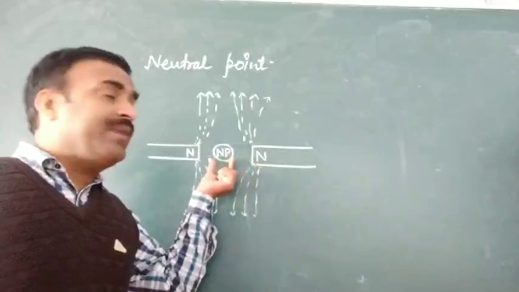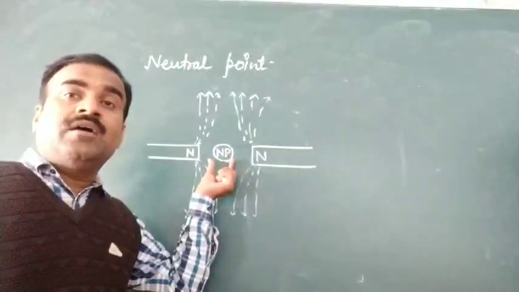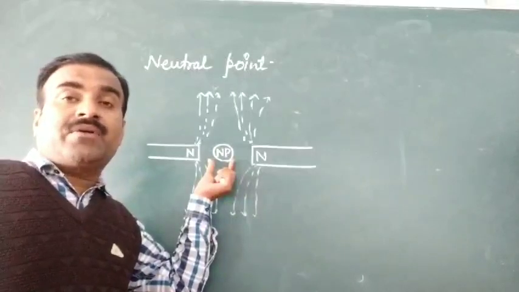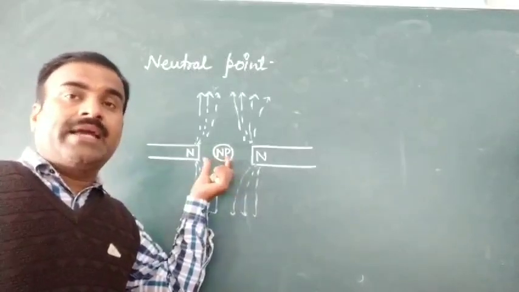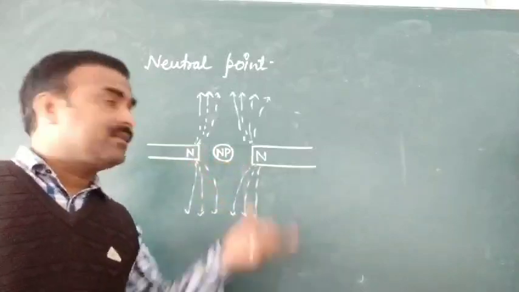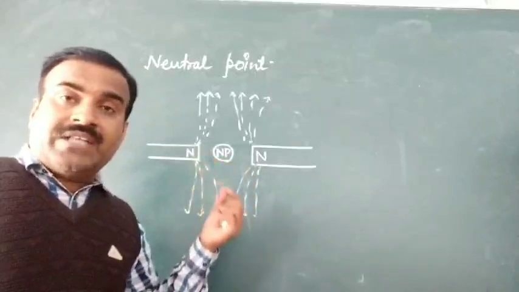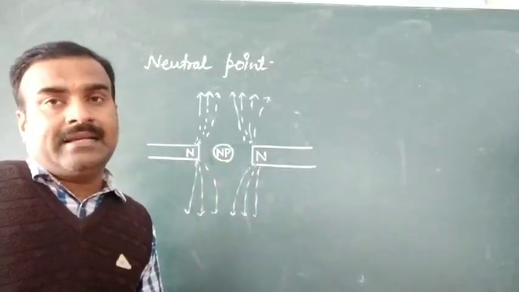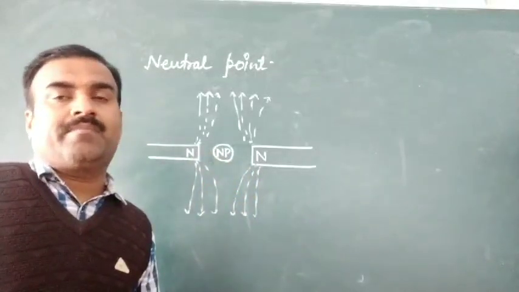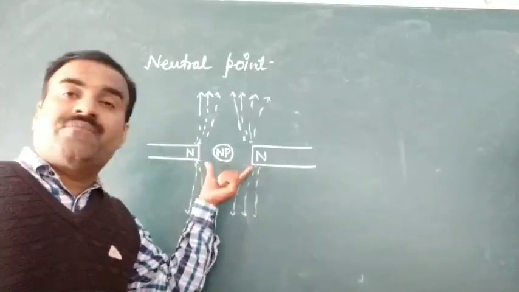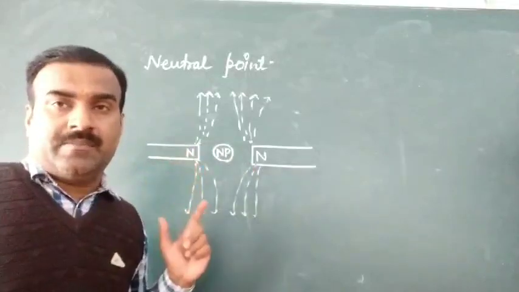If in between them we put a magnetic needle, in between two bar magnets at the same poles, then no deflection will be got by the magnetic needle. Why? Because two same poles are facing each other.